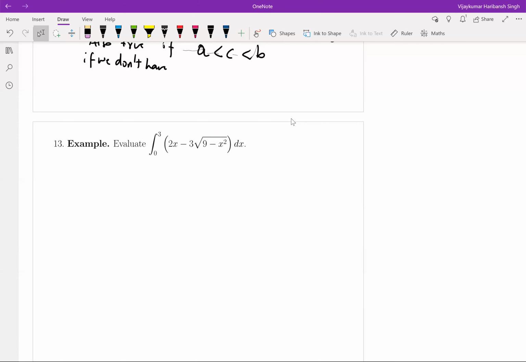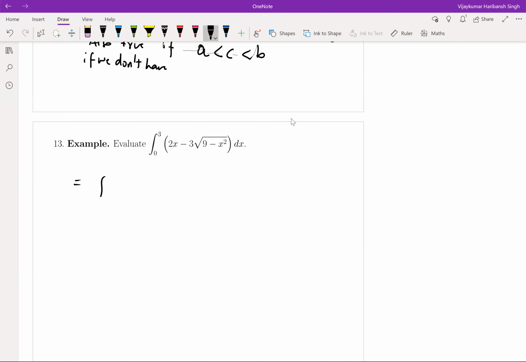Now let's look at the following example. You have the integral from 0 to 3 of 2x minus 3 times the square root of 9 minus x squared dx. We can break this using the integral laws above.